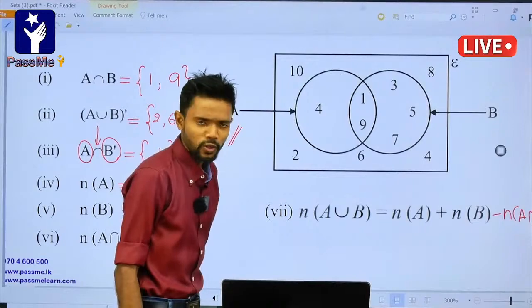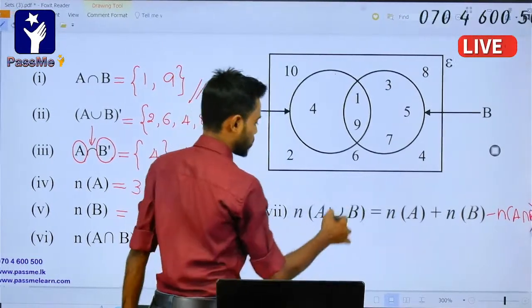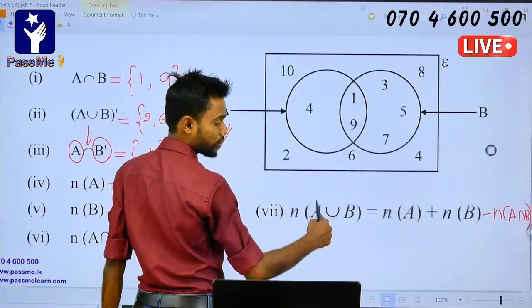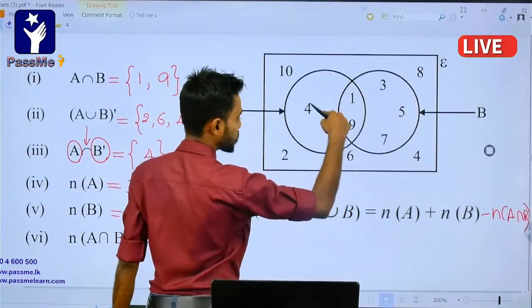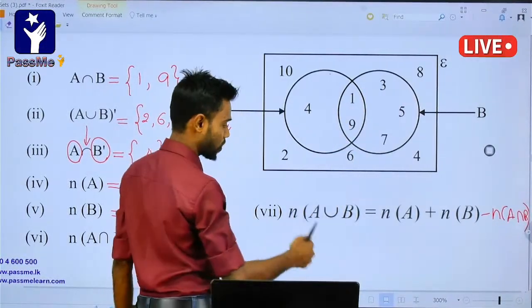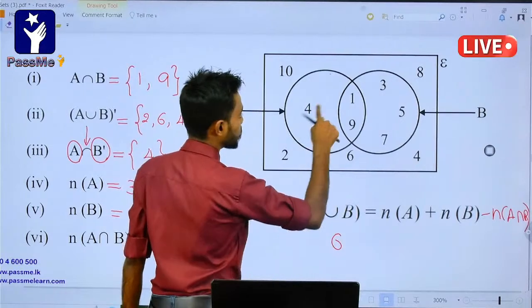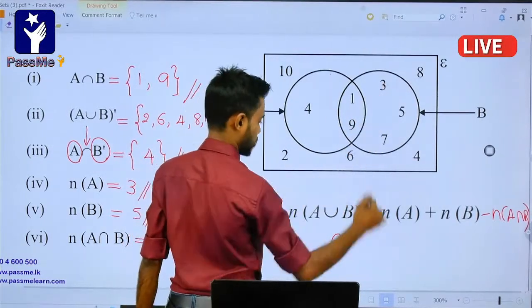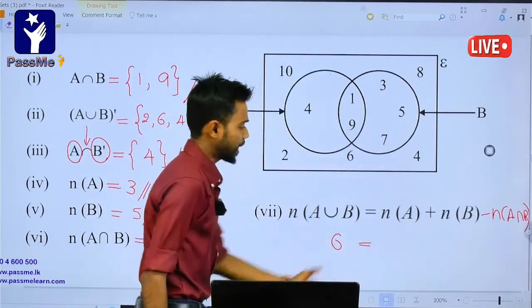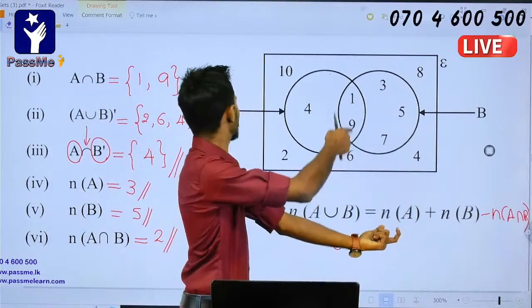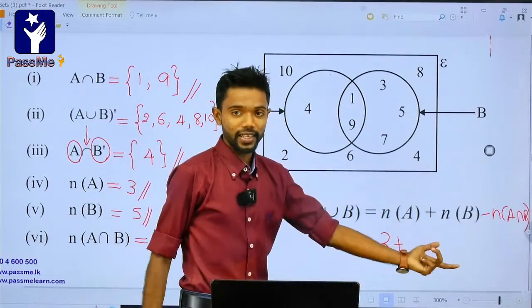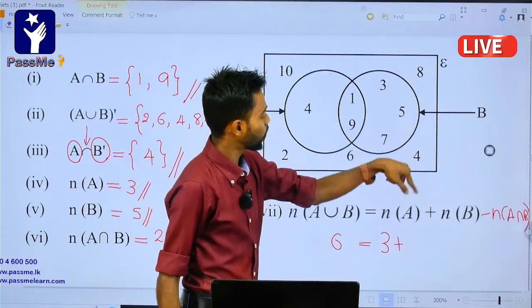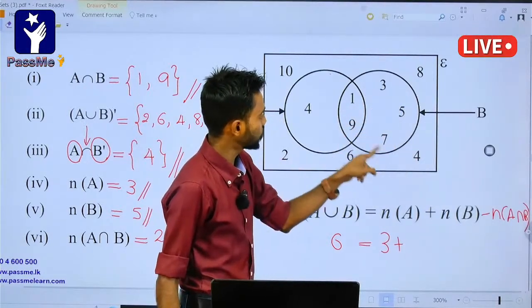So now shall we do this one again? You know that the number of elements of A union B is 1, 2, 3, 4, 5, 6. Sorry, previously I put 5, but it should be 6, right? Sorry for the previous one. n(A), number of elements of A, is 1, 2, 3. n(B), number of elements of B, is 1, 2, 3, 4, 5.